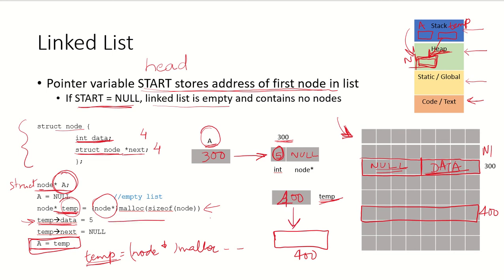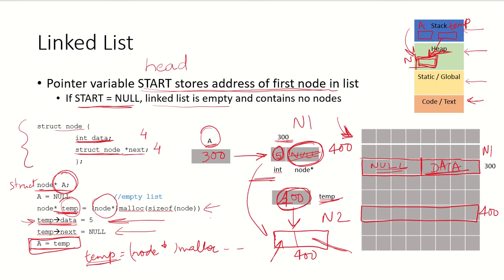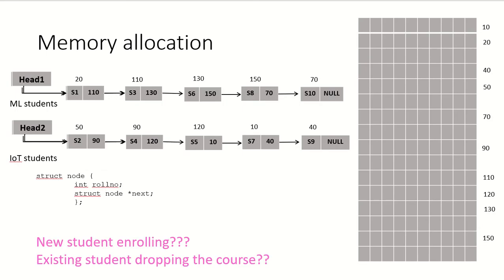We can put in a data value, whatever data value we want to put over here. We can put null over here, and if we want to add this new node N2 in this list, we will update the address of this pointer to point to the new node. So if we make this 400, that means equal to temp, because temp has the address of this new node, then this node N1 will start pointing to the new node. So this is how new nodes are being added in the linked list.